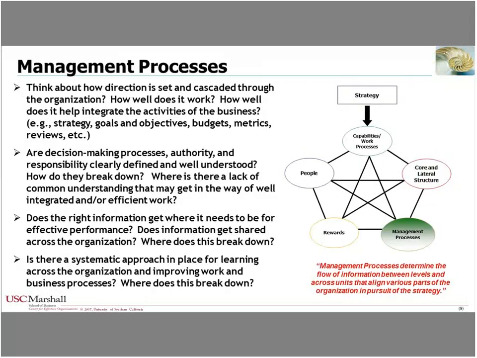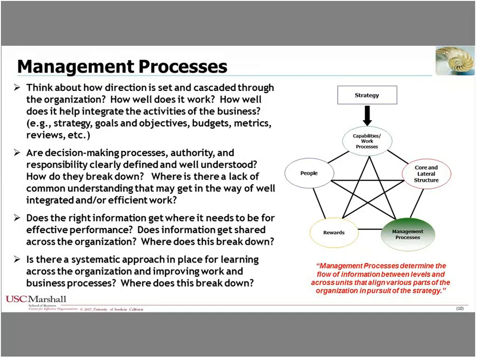As we keep moving around the star, we've got a set of management processes. And again, let's be sure that we're distinguishing between the work that managers do to coordinate the business and get the business running, and the work that is done by the salaried workers in the factories, in marketing, that's actually delivering value to the customer.